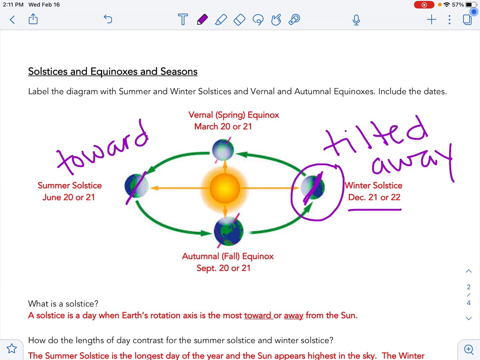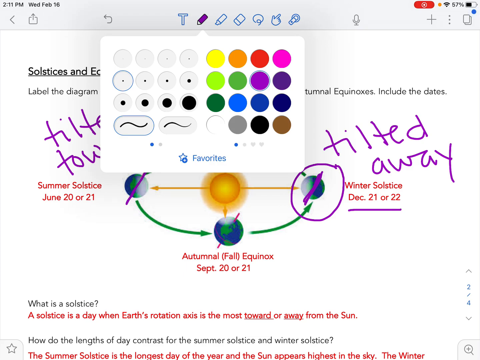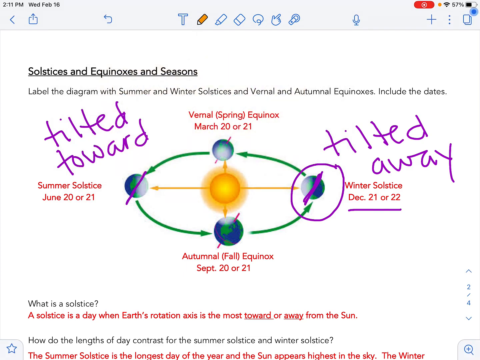So then I have to think, let me write the word tilted in here. Tilted toward the sun, tilted away from the sun, tilted toward. So then as we make our way counterclockwise, we go from winter to spring. So this here is halfway.